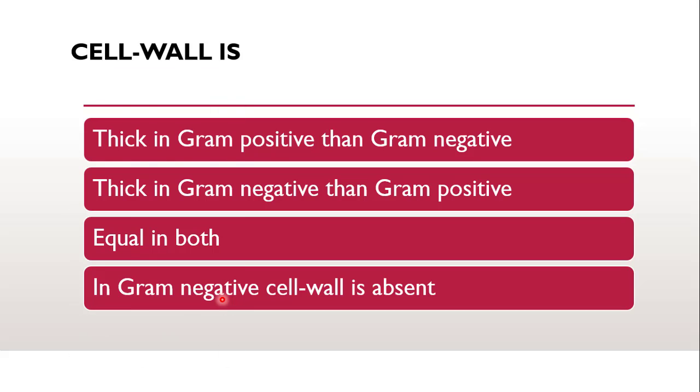Next question is, the cell wall is thick in gram positive than gram negative, thick in gram negative than gram positive, equal in both, or in gram negative, cell wall is absent. The correct answer is, it is thick in gram positive than gram negative. So the cell wall is comparatively thick in gram positive than in gram negative.